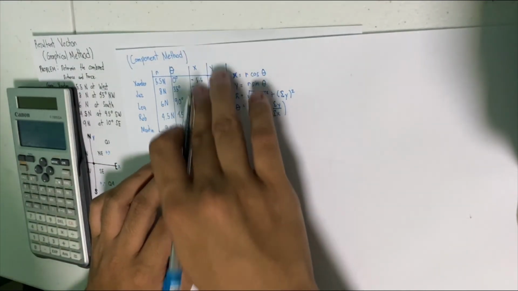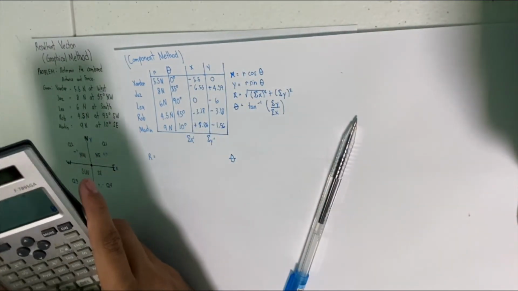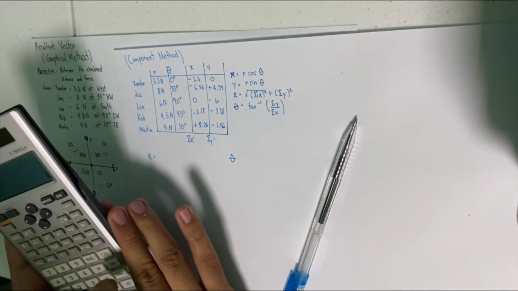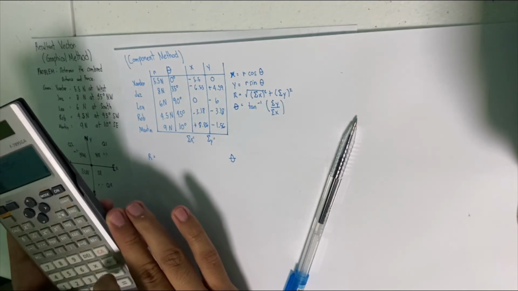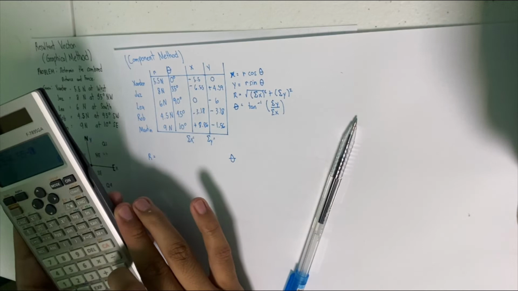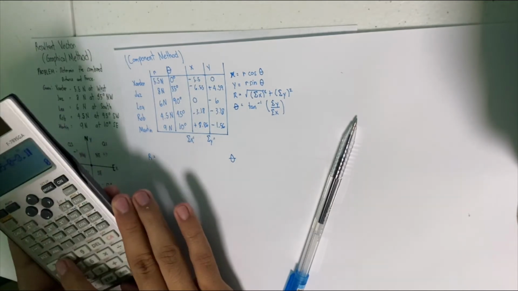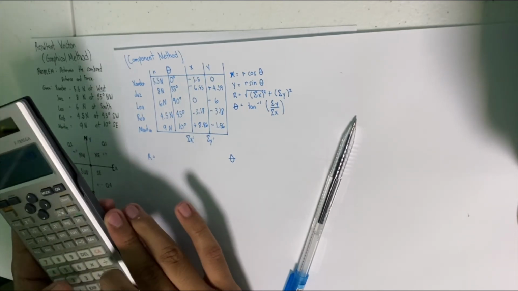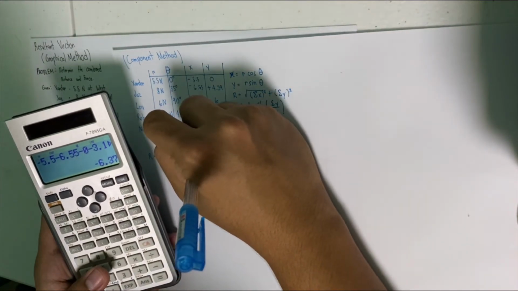So, for us to get the total of x and the total of y, you need to add them. So, use the signs. So, negative 5.5 minus 6.55 minus 0, or plus whatever because it's 0, minus 3.18 plus 8.86. So, the answer is negative 6.37.